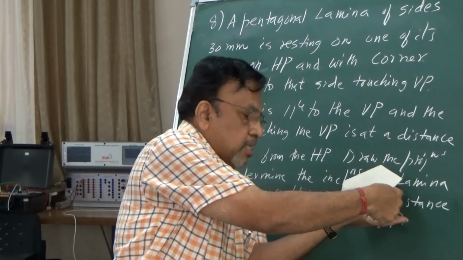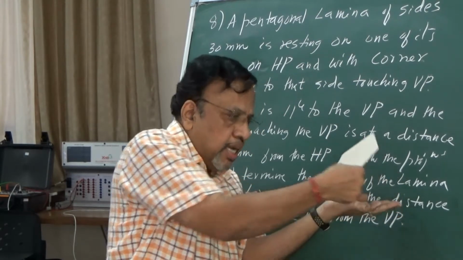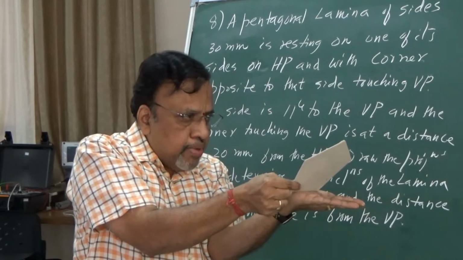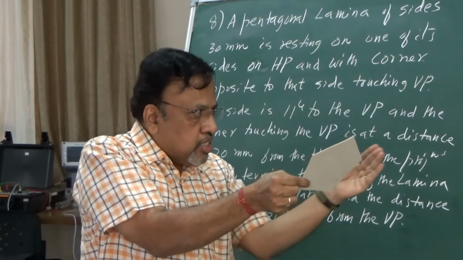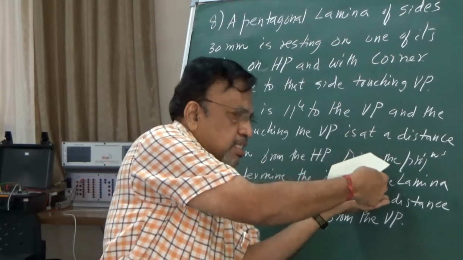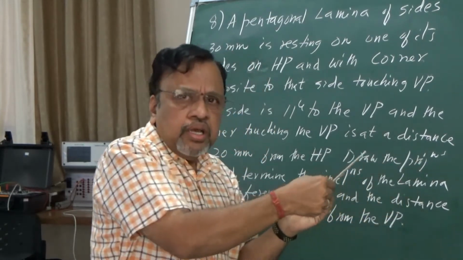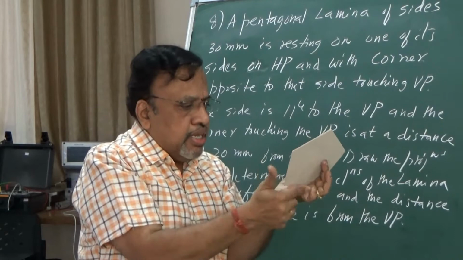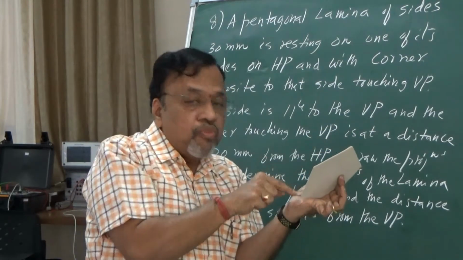Once I do it like this, you can see the lamina is getting inclined to both HP and VP, because as you can see in the second stage, the lamina is still inclined to HP, whereas it is still perpendicular to VP. Once I make this corner touch VP, remember we are going to redraw. Why are we going to redraw the figure? Since the surface inclination remains constant, that will be HP now. Since that remains constant, the shape remains the same.